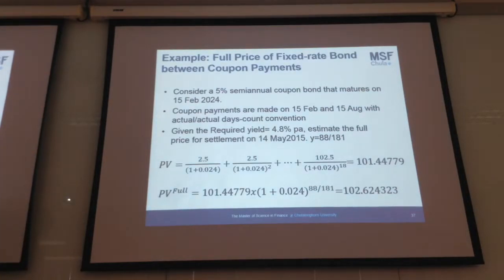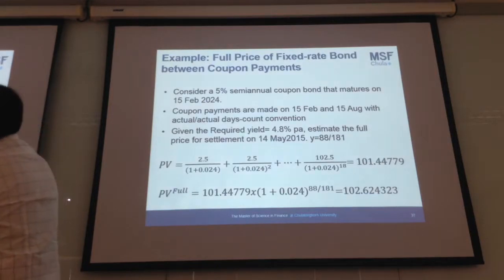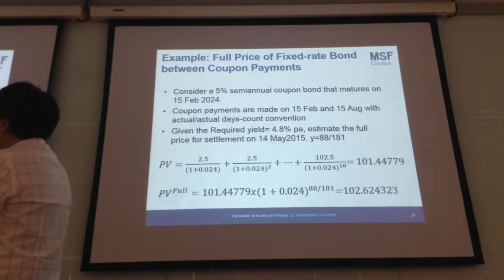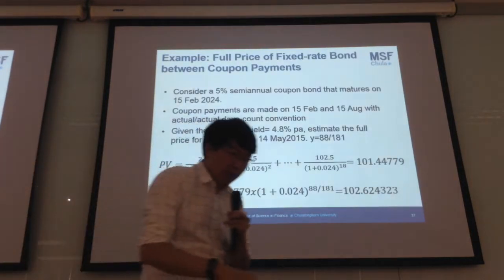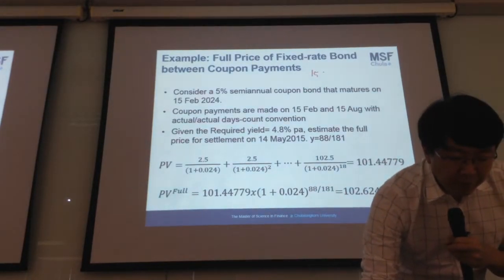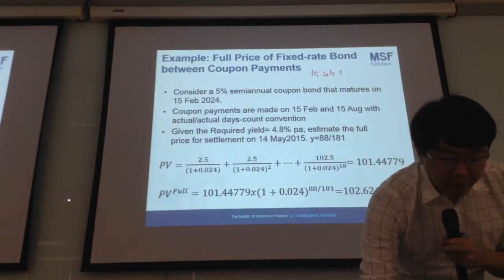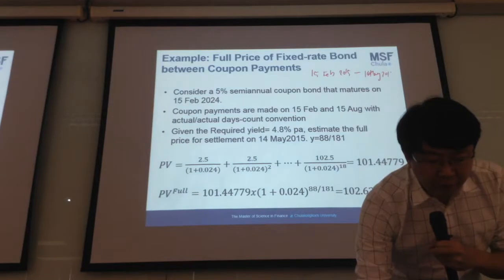So 88 days comes from counting the actual number of days from the last coupon payment, 15 February 2015, until 14 of May 2015.